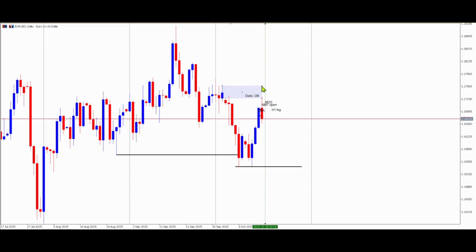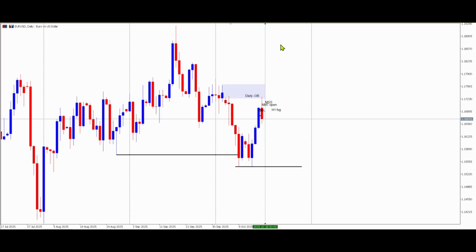We can then expect a reaction from there to give us that weekly reversal or retracement into 50% or 75% of this move, weekly move.